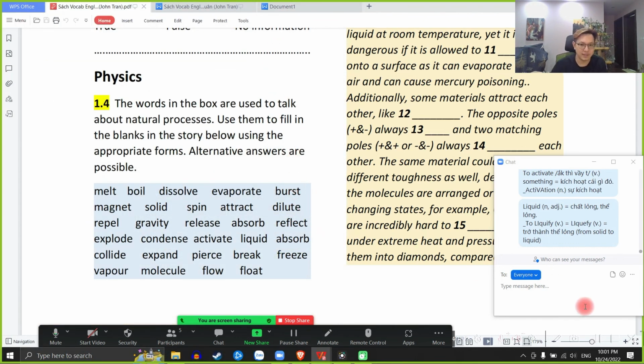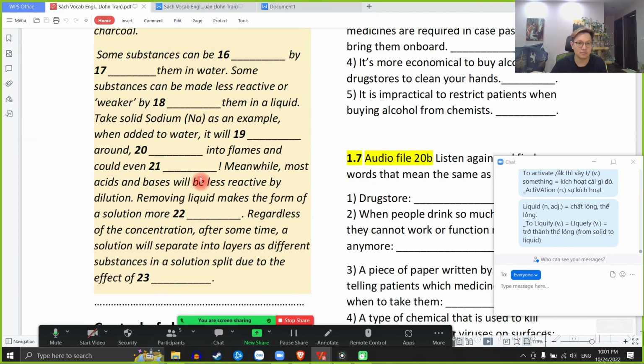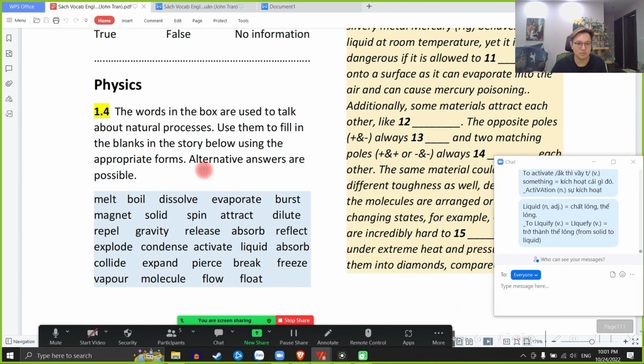Okay, absorb. I think we have this one before. Collide. To collide. The verb to collide là đâm sầm vào cái gì đó. To collide into something.